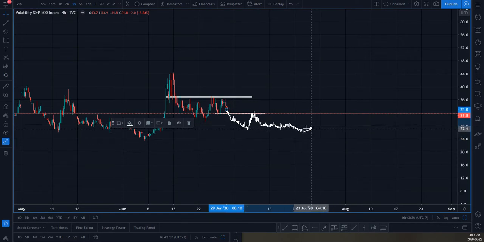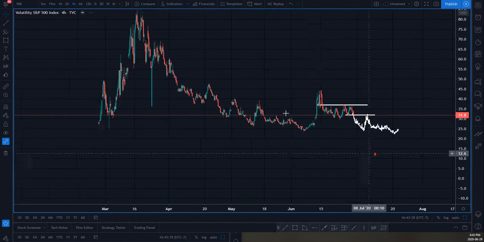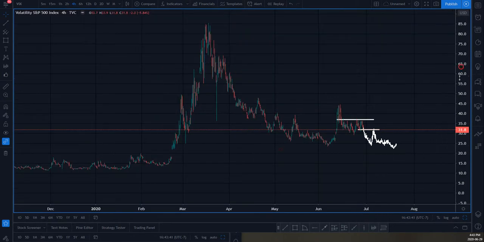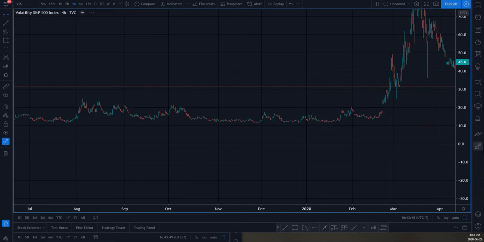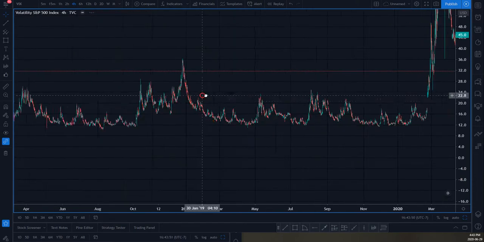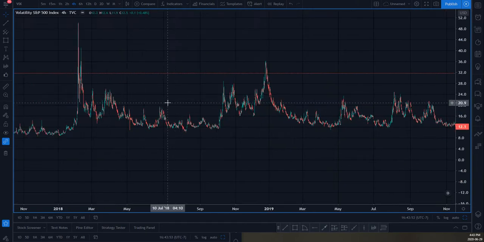But overall, you're going to get a slow fade like we saw after that massive spike in the VIX. You first get extremely aggressive, and then you just get a slow fade reducing in volatility. And these are the moments where the S&P is slowly climbing up inch by inch, and usually most markets take the stairs up and the elevator down. Not always. Crypto markets sometimes take the elevator up and literally jump from the top of the building, which is pretty crazy, but it happens.